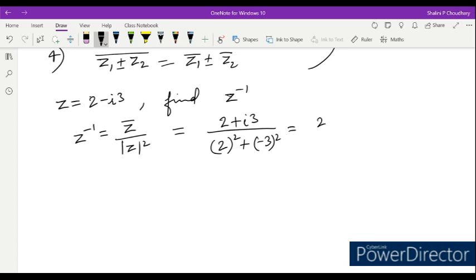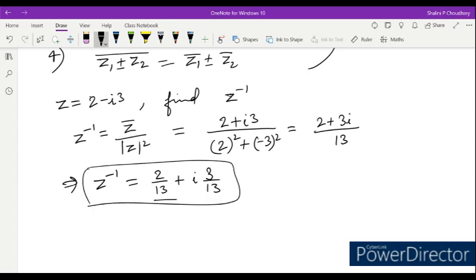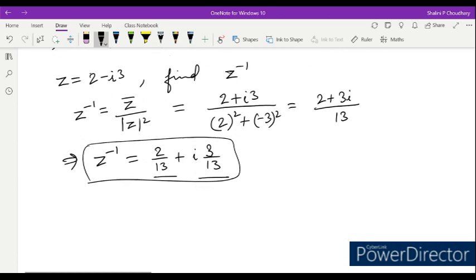Okay, so 2 plus 3i divided by 2 का square will be 4 plus 9, that will be 13. Okay, so we can write z inverse will be equal to 2 upon 13 plus i 3 upon 13. Okay, so this way we can write this in the term of a plus ib के term में हम लिख सकते हैं z inverse को.